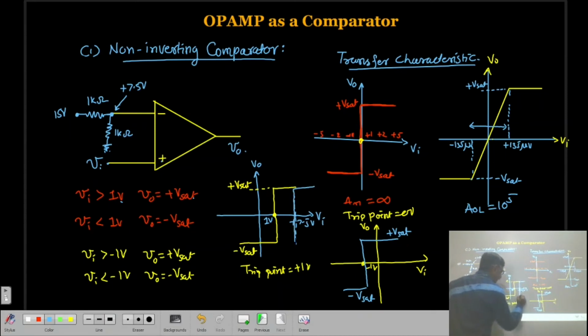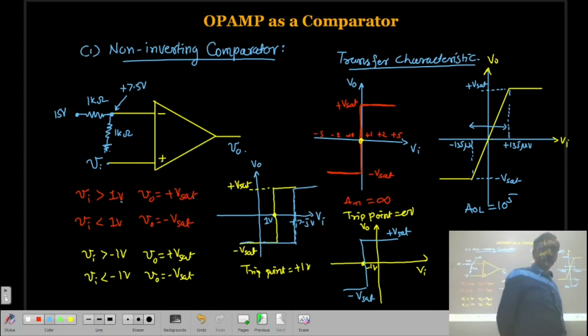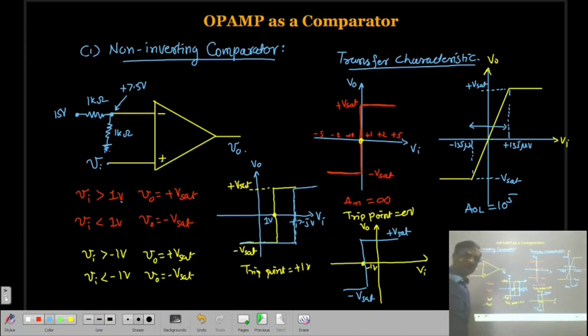Remember. Correct? So in this way, the reference voltage can be changed by applying some voltage on the inverting terminal. You can also apply a negative voltage. Then this trip voltage will be minus 7.5 volt. Correct?